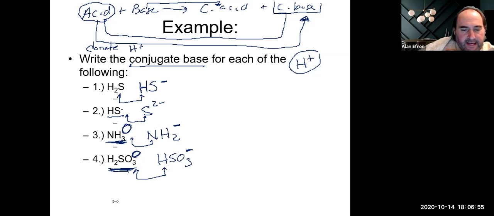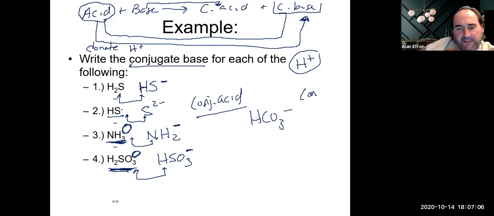So let's say we had something like HCO3 minus. Could you write the conjugate acid for it and write the conjugate base for it? See what you come up with.